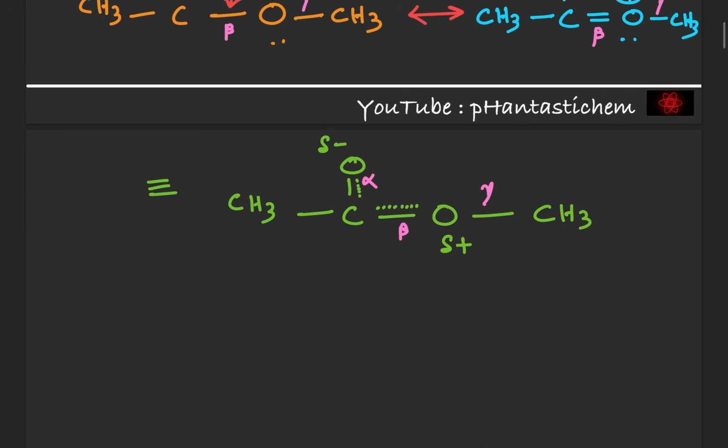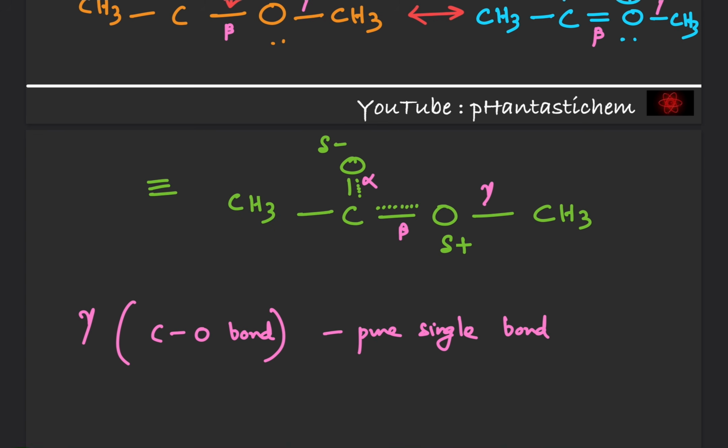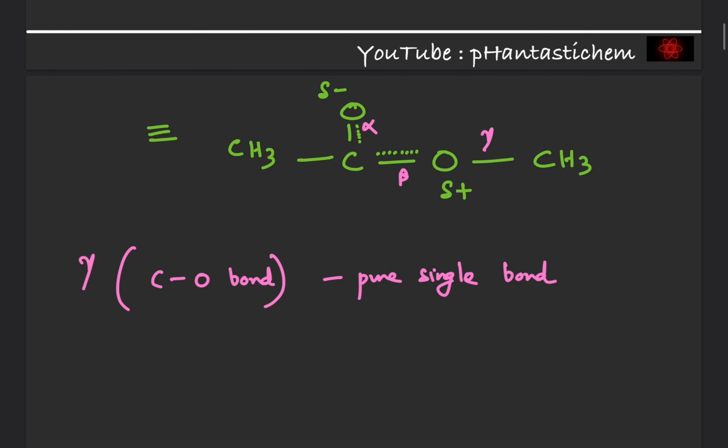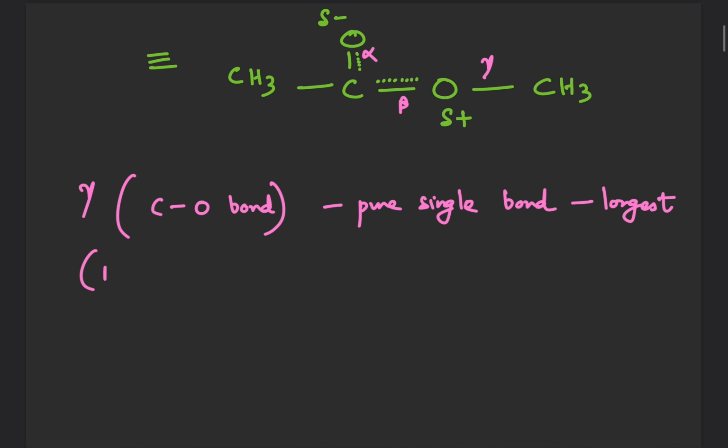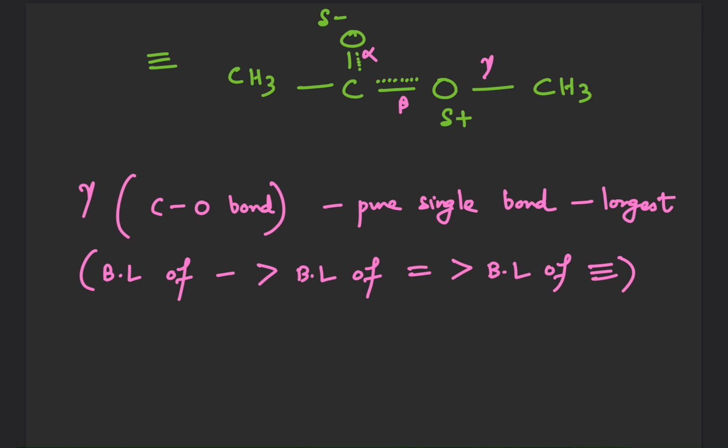So one thing that we know is that the gamma carbon-oxygen bond is a pure single bond, since there is no resonance or partial double bond character, so it is the longest.